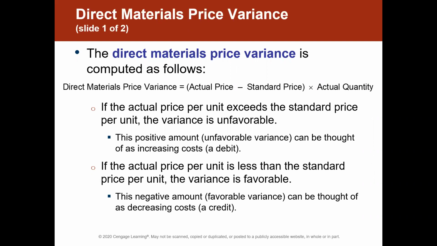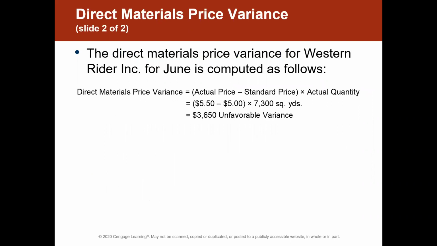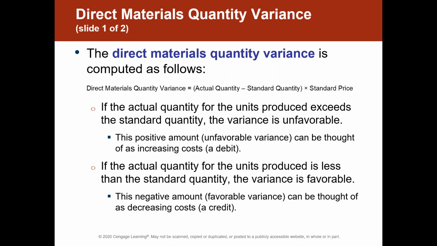And you can see our first formula there is for direct materials price variance. It's right near the top of this slide. You may want to make a note of that. That's what we're going to be using in our next exercise. As long as we're here, I might as well show you the other formulas as well. Here's the direct materials quantity variance.